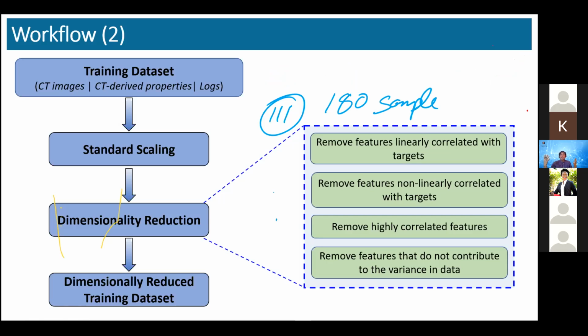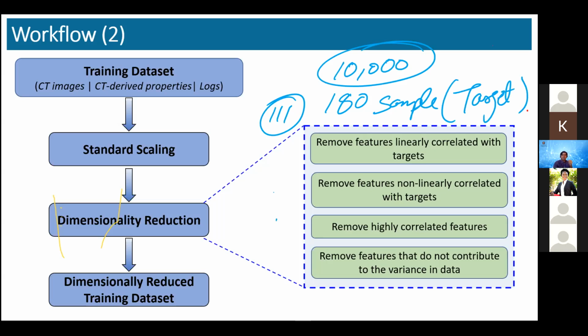In the real world, because we are not showing you the whole data, I'm not showing the result on the whole data. The result on the whole data was much better. Generally, in most of my work, I have access to 10,000 data points, 10,000 samples. In this case, I have access to 180 samples. Why? Because this was the constraint because of the target.